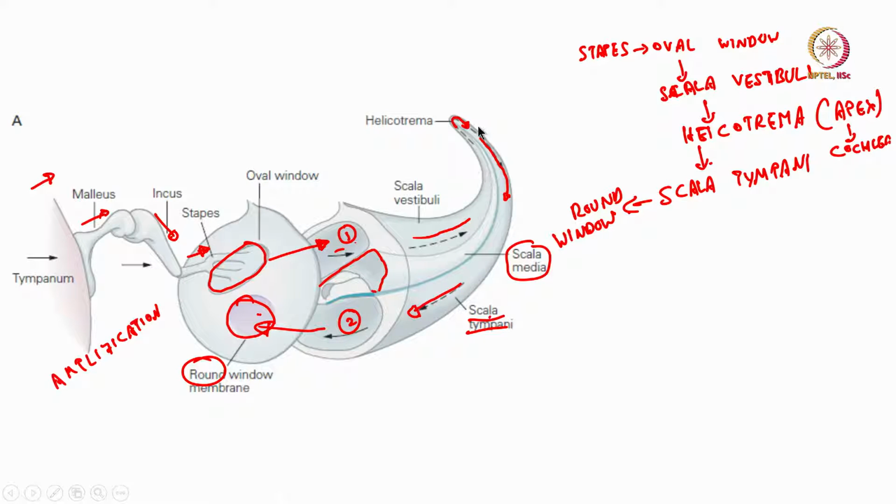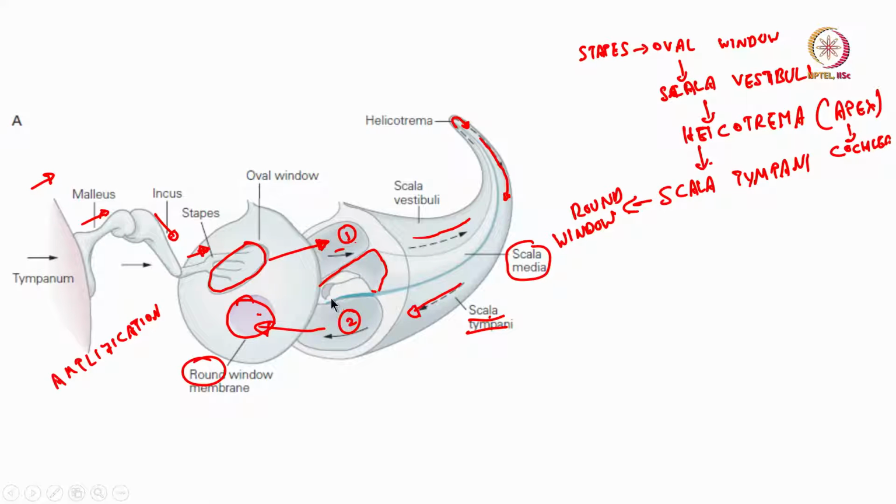at which point the basilar membrane is in direct contact with the sound wave which is coming from here. As the sound wave comes through the scala tympani, different parts of the basilar membrane get stimulated, in the sense that it is mechanical stimulation. That is because each part of the basilar membrane is responsive to a specific set of frequencies.